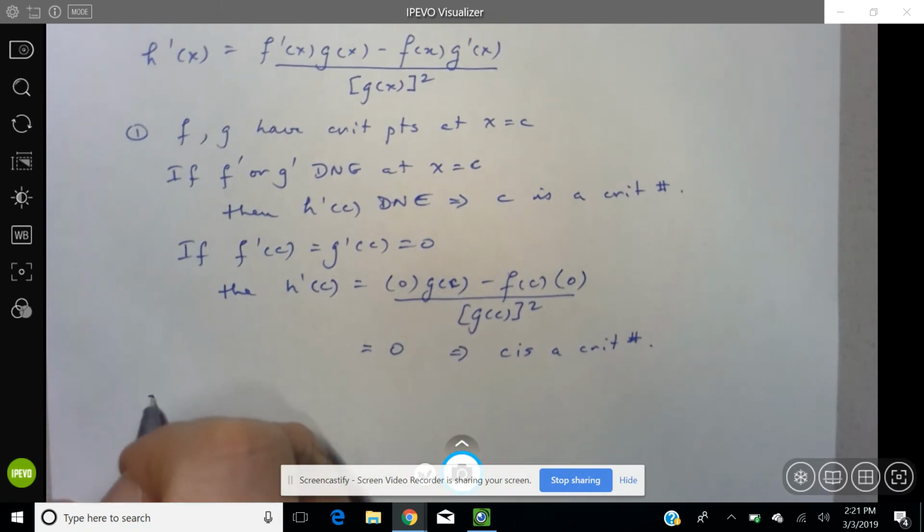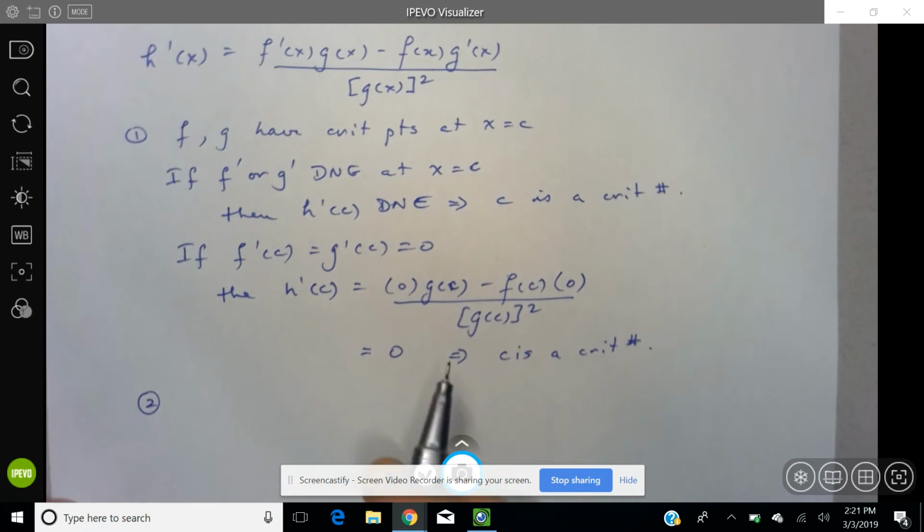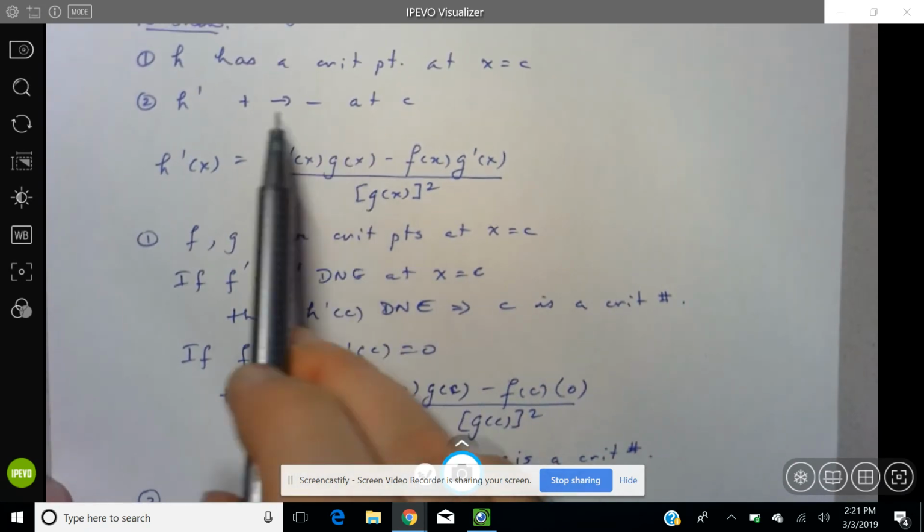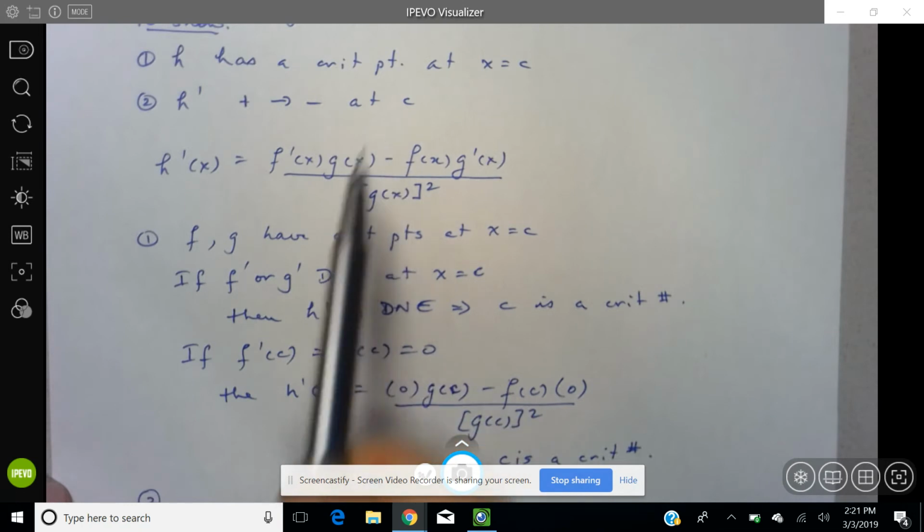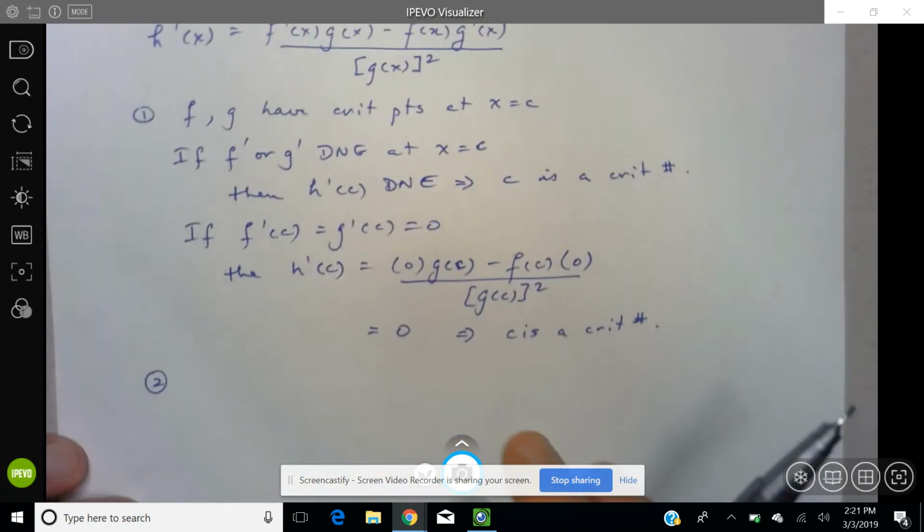So now the next step is to show that the derivative of h changes from positive to negative at C. Okay, and what I'm going to do is create a chart here.